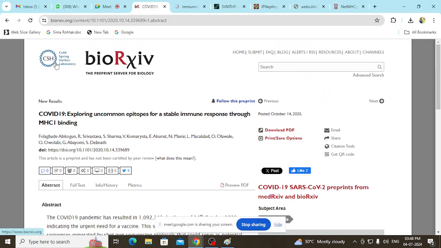And this is again Cold Spring Harbor Laboratory. You can Google it and find out what Cold Spring Harbor Laboratory is. This is the laboratory from where numerous Nobel Prizes have come, including the Nobel Prize for PCR. Professor Kary Mullis also belonged to this Cold Spring Harbor Laboratory. So you could have these ideas.